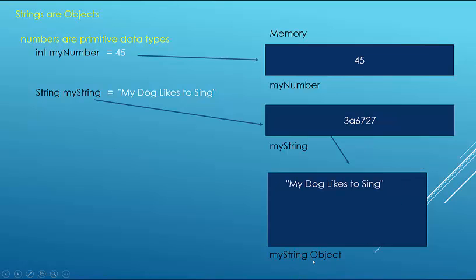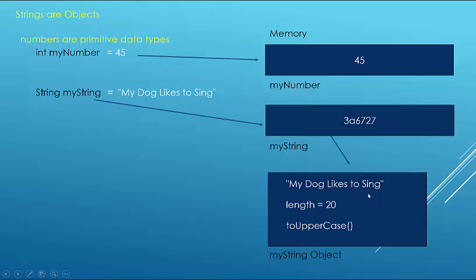So myString is an object, and it has in it this value that we gave it. But it also has more. Now remember that myNumber, all it has is a number in it. There's nothing else to it. But because myString is an object, it has more information that the object knows about. For example, the object myString knows that it has 20 characters in this string.